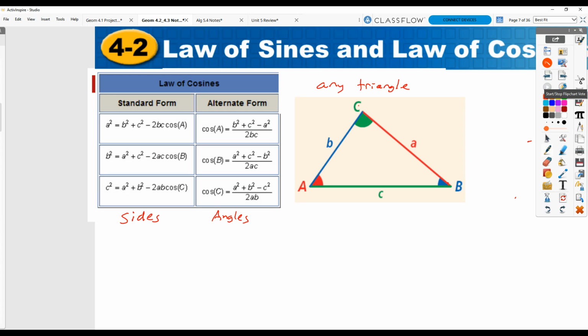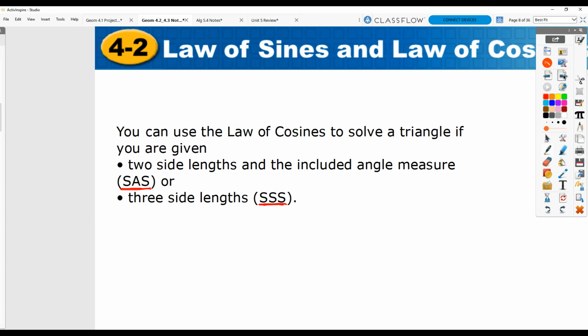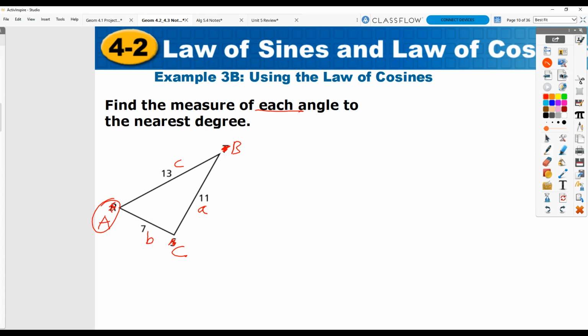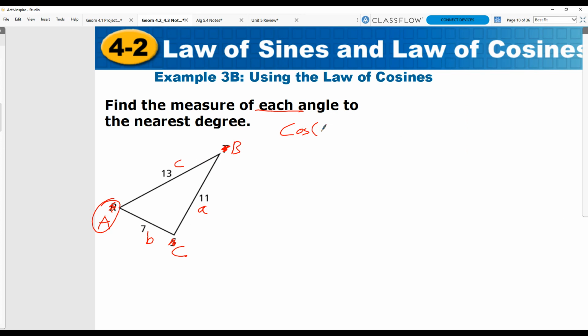So cosine A, we got b squared plus c squared minus a squared. All right, so cosine of A is equal to b squared plus c squared minus a squared. All right, so that's what we have so far.